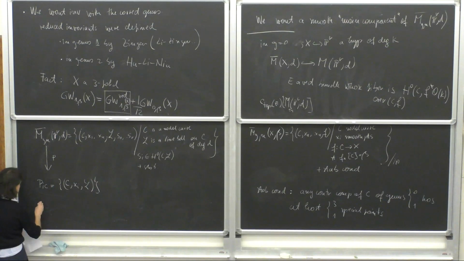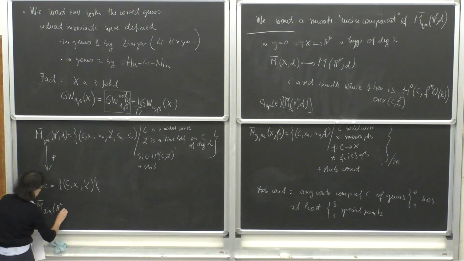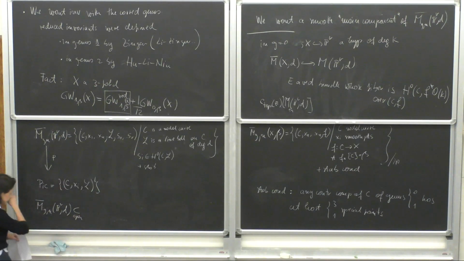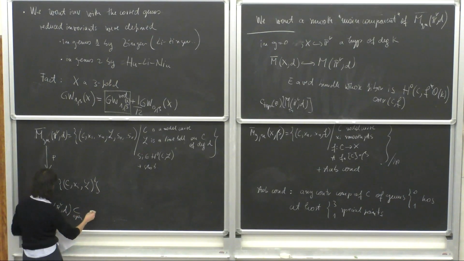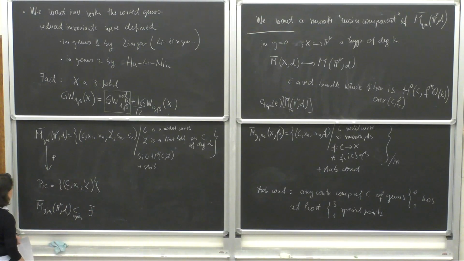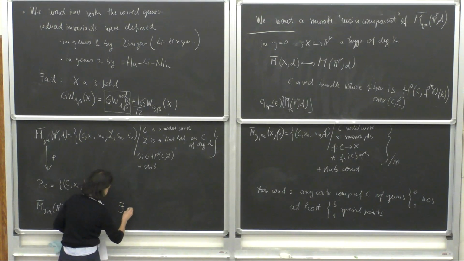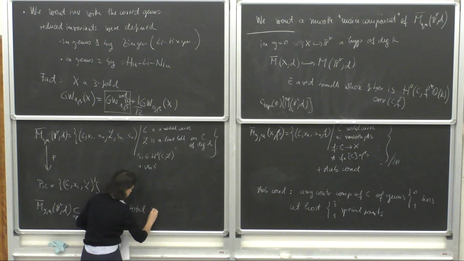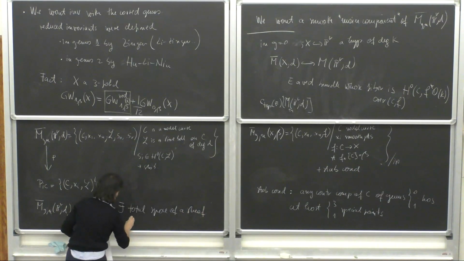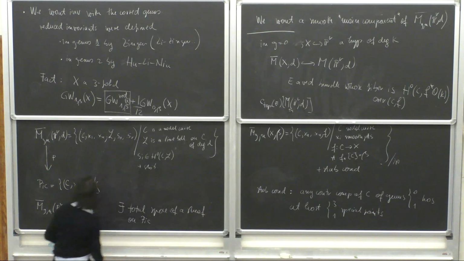The claim is that M_{G,N}(P^R, D) is a Zariski open, think of a dense open, inside, I'll be a bit sloppy here, the total space of a sheaf on this space.